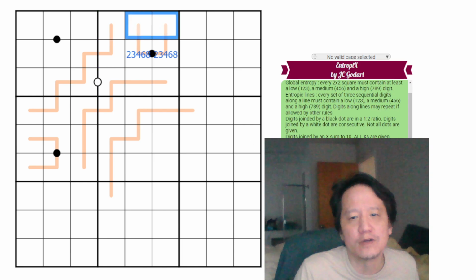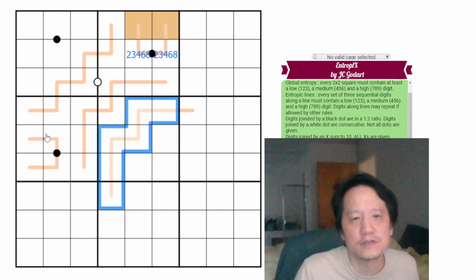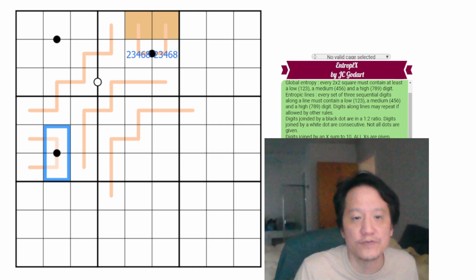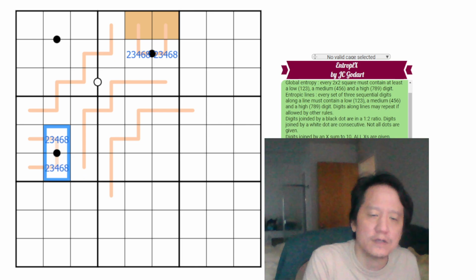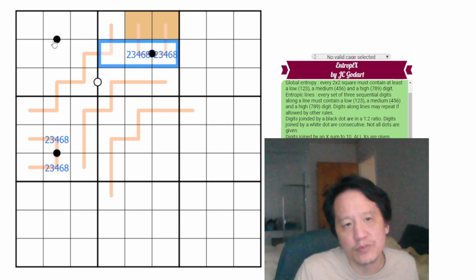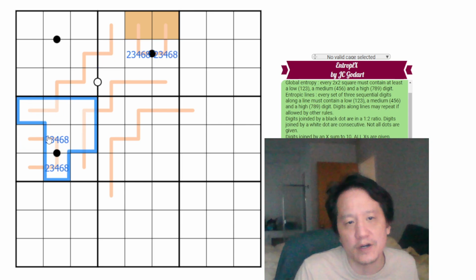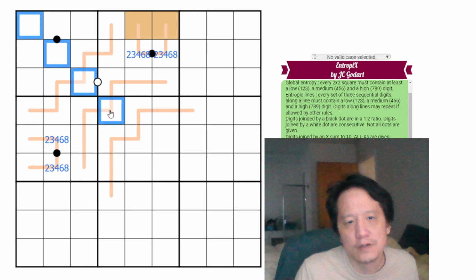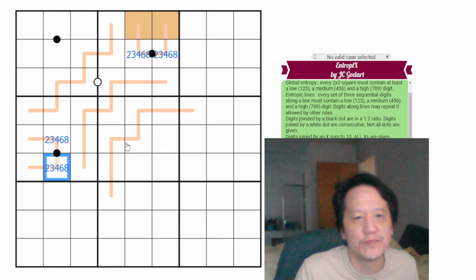So let's make this one color. Make that orange. The orange has to be one of these 3. Okay, I'm not sure. This is similar. This is 2, 3, 4, 6, 8. So anything that applies to here also applies to this box because it's symmetrical around the diagonal here.